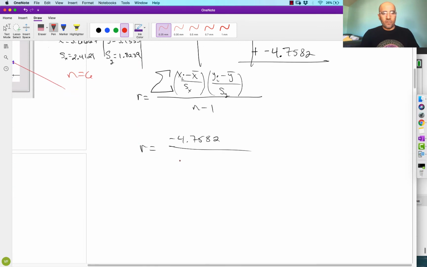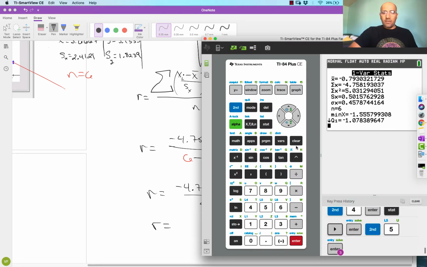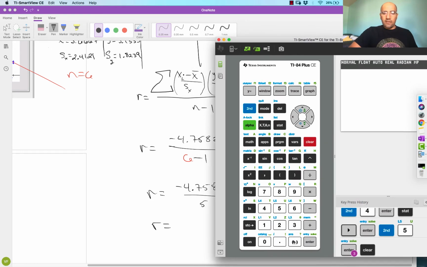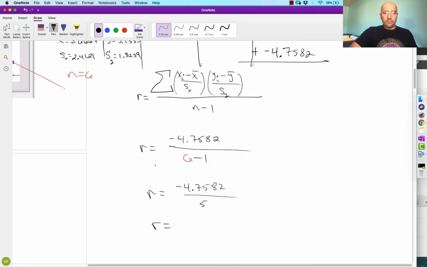So this would be equal to 6 minus 1, or 5. So R equals negative 4.7582 divided by 5. And that is equal to, let's go back over here, clear, quit whatever you have there going on, and it's negative 4, let's squeeze this over here.